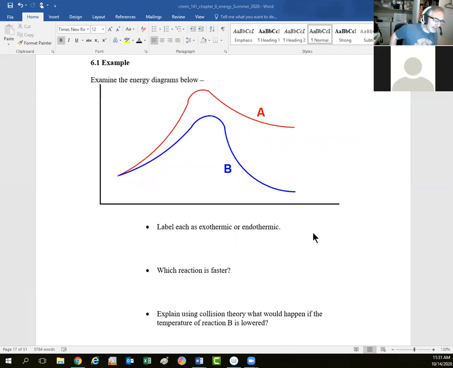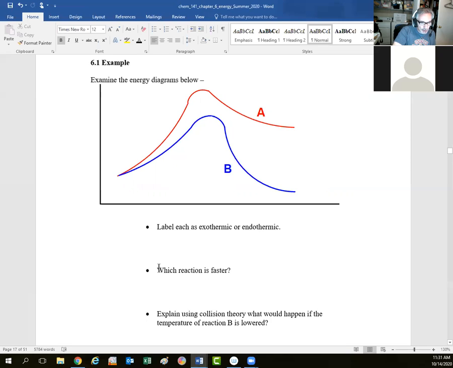Okay, so let's finish with some practice questions. Let's move all this stuff off my desk. Okay, looking at two competing reactions marked as A and B. Label each as exothermic or endothermic.